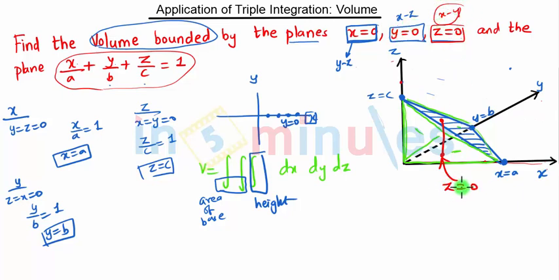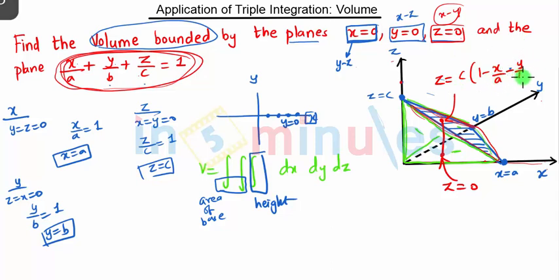So the lower end is z equal to 0, and the upper end of this column is on this plane that we have just drawn. From here if we calculate z, we get z equal to c into 1 minus x by a minus y by b. So this is our upper limit of z. So we get the limit of height.